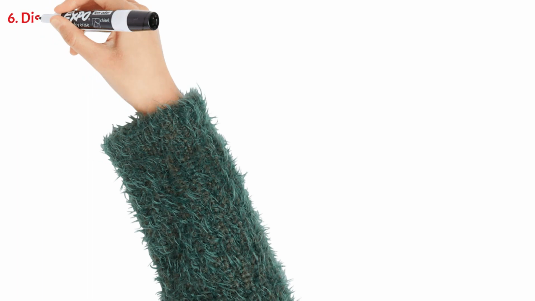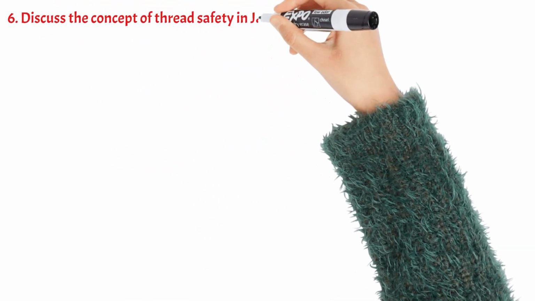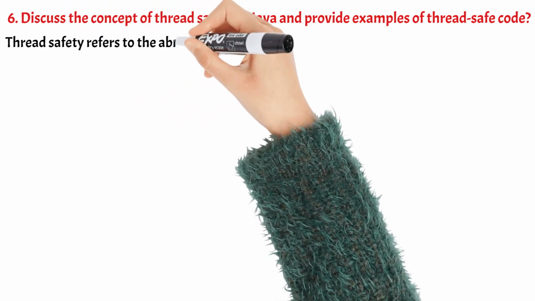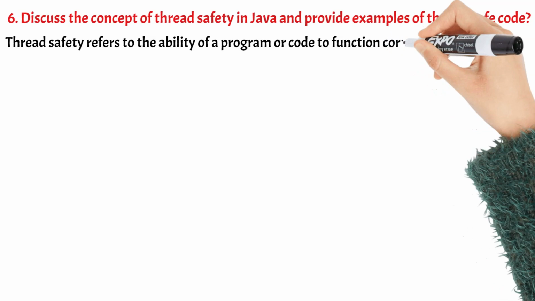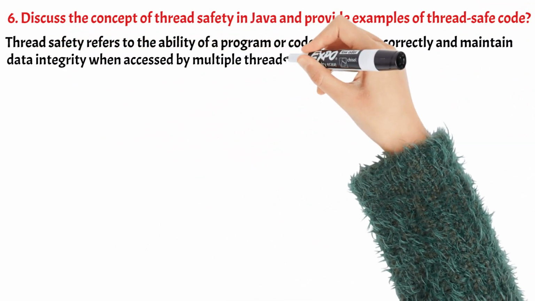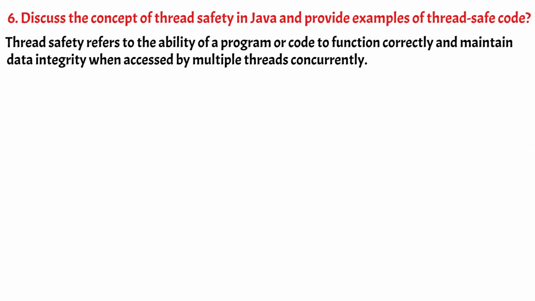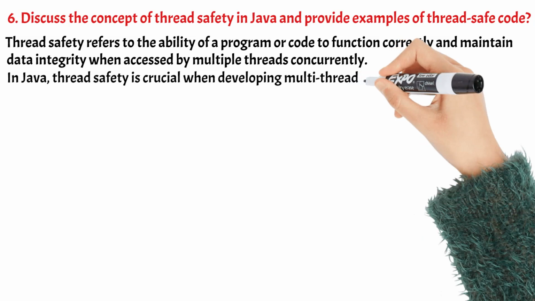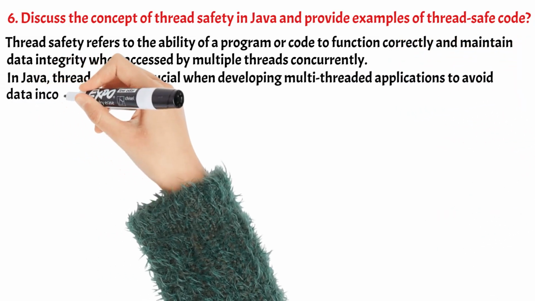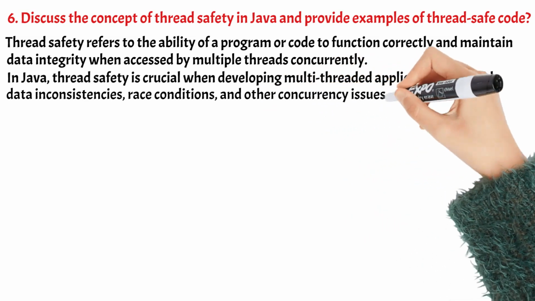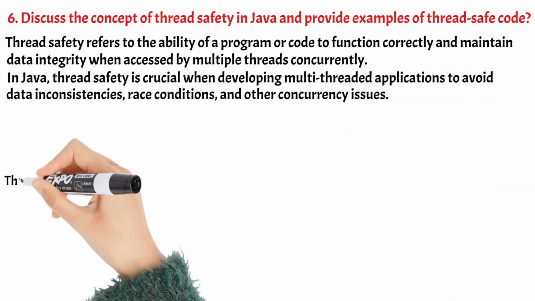6. Discuss the concept of thread safety in Java and provide examples of thread-safe code. Thread safety refers to the ability of a program or code to function correctly and maintain data integrity when accessed by multiple threads concurrently. In Java, thread safety is crucial when developing multi-threaded applications to avoid data inconsistencies, race conditions, and other concurrency issues.